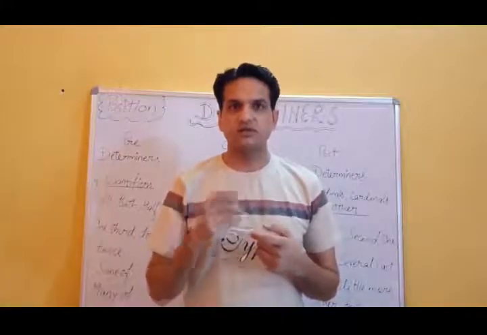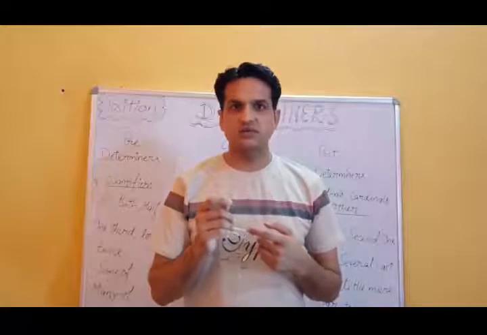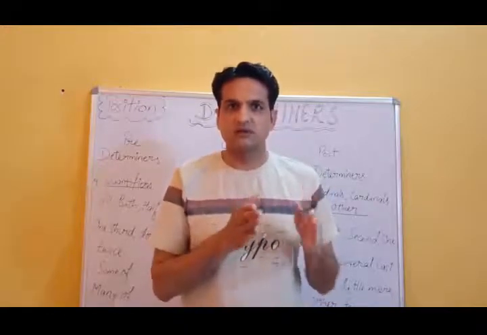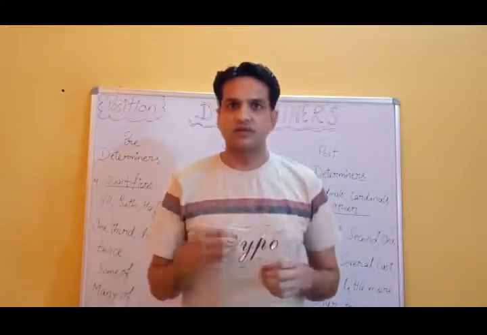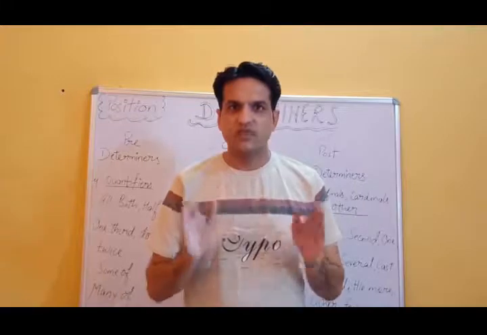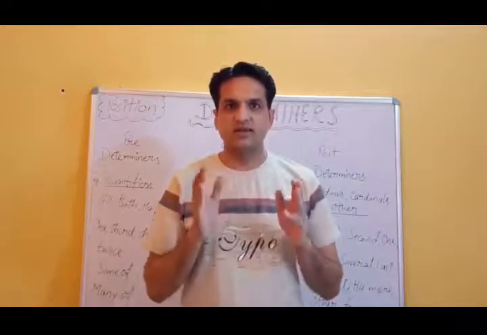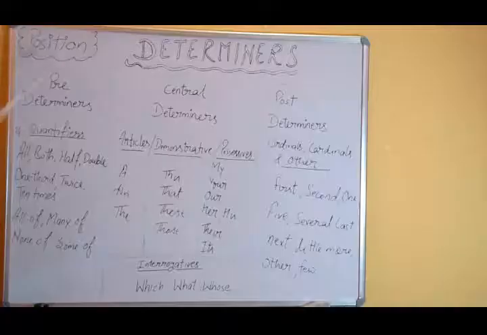If there are three determiners तो कौन सा determiner सबसे पहले आएगा, कौन सा determiner central position में आएगा, and which determiner will come at the last, means post determiner. So let us study this table of predeterminer, central determiner and post determiner, the position of determiners.